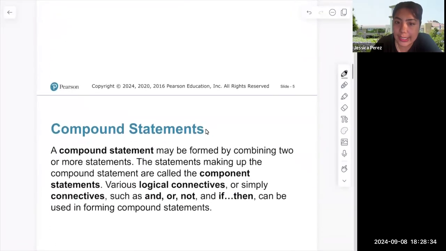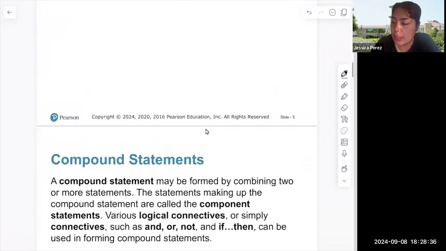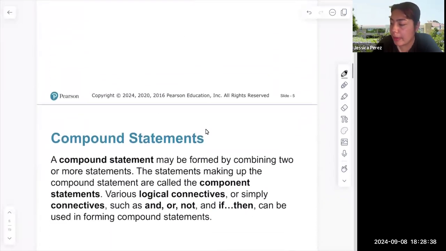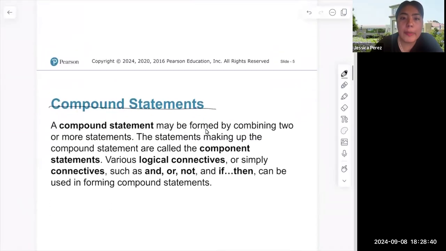A compound statement. What is the difference between a statement and a compound statement? Well, a compound statement may be formed by combining two or more statements. The statements making up a compound statement are called component statements, using various logical connectives or simply connectives.